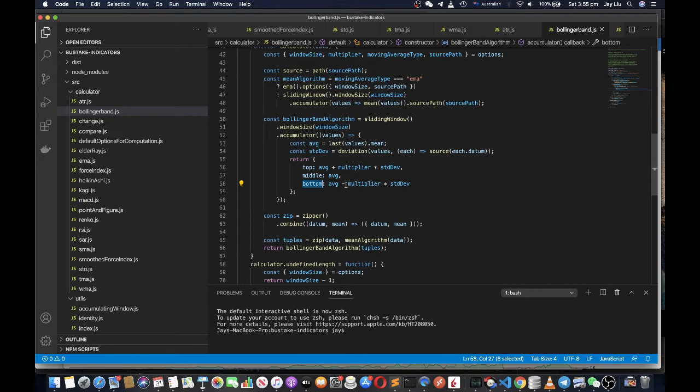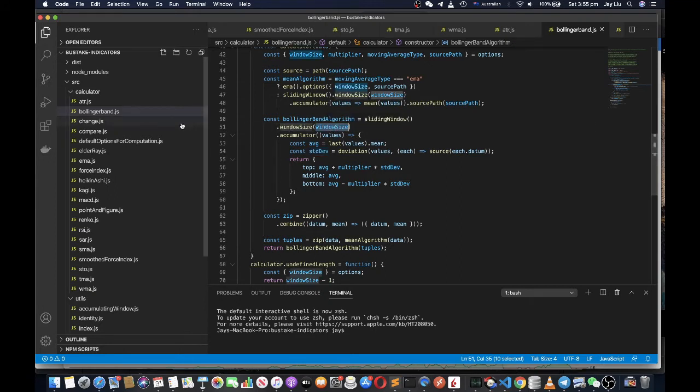How is it calculated? It's from a value called average plus multiplier times the standard deviation. So we know the average value. Average means the mean value. It also has a duration, the window size.